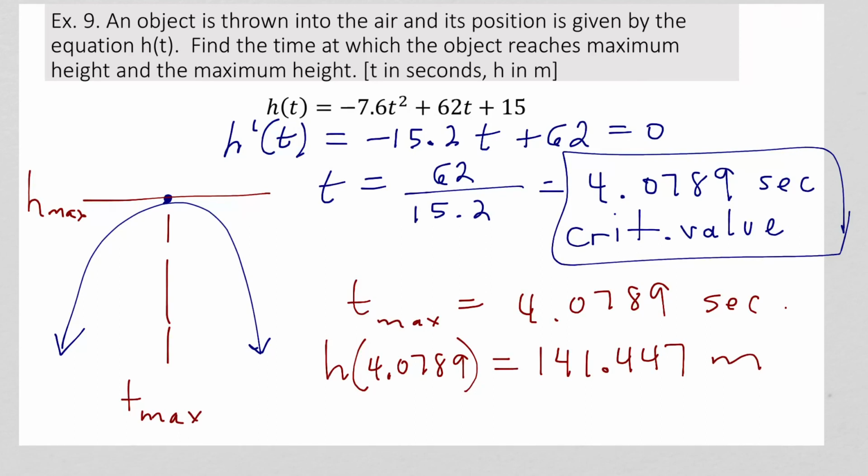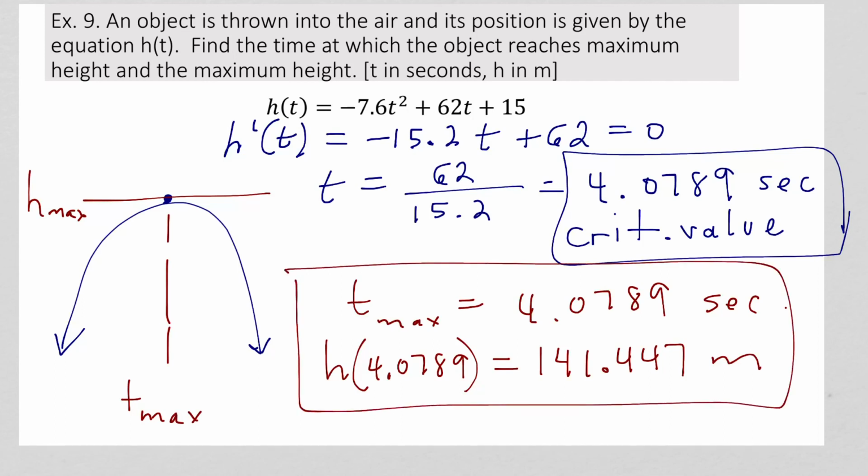All right, so that's my maximum height and my time at which that maximum height occurs. This is a familiar problem, but in terms of what we know now in this unit, this is basically your absolute max, or it could be considered a local max.